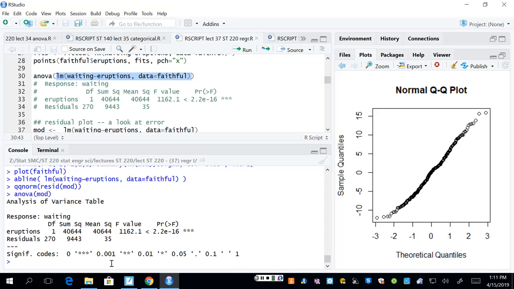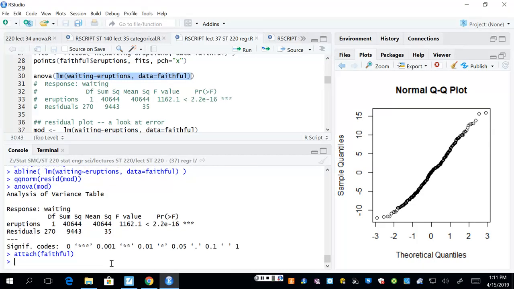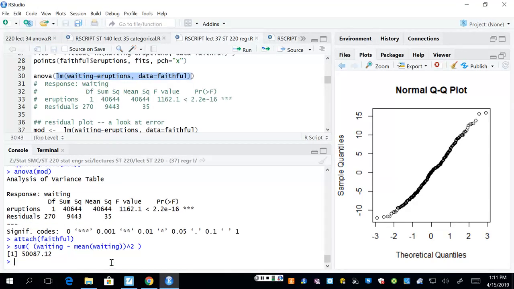Now, I'm going to attach faithful, so I can just refer to the variables. If I take the waiting time minus the mean of the waiting time, and then square all those deviations, that's my sum of squares total.